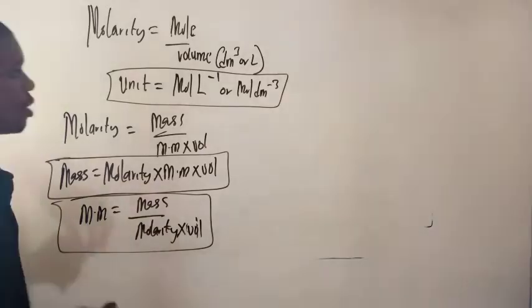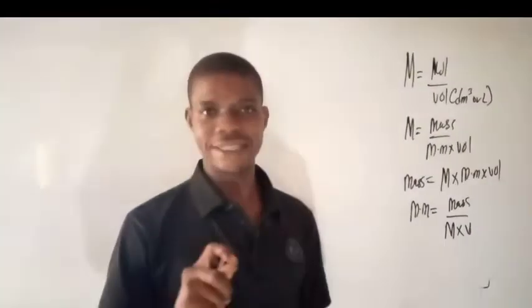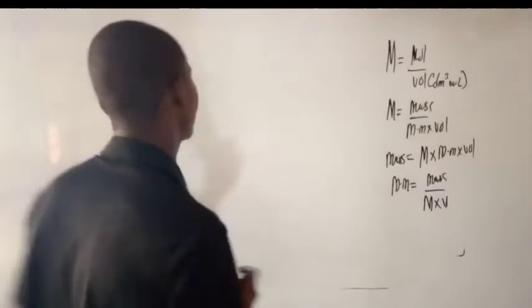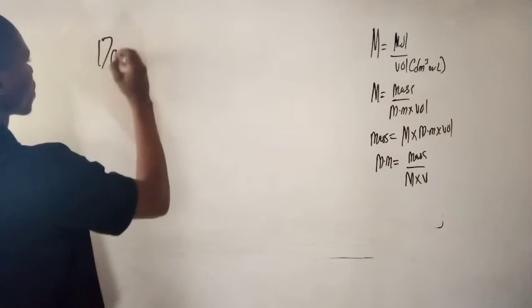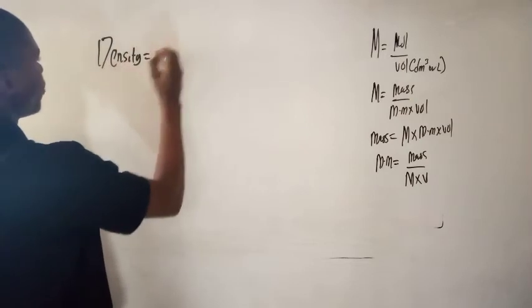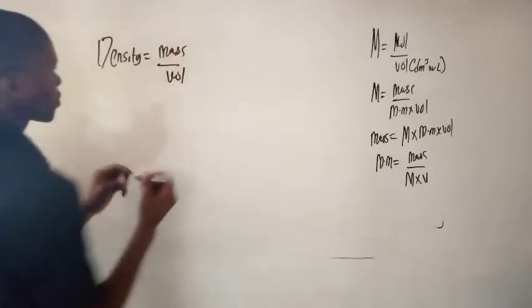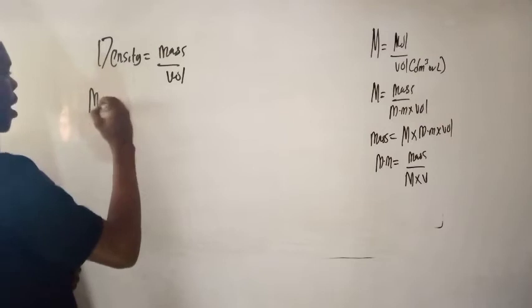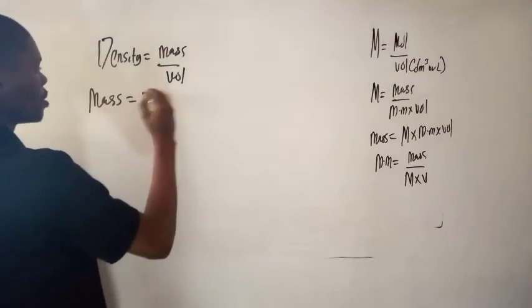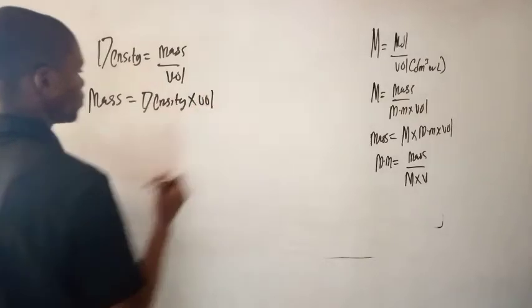So the next thing you want to look at is density. Remember, density equals mass per unit volume. If you make mass the subject of the formula, we have mass equals density times volume.